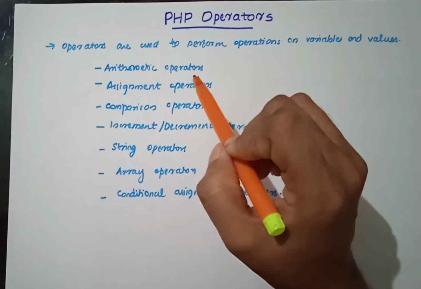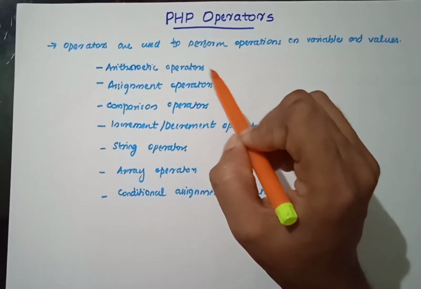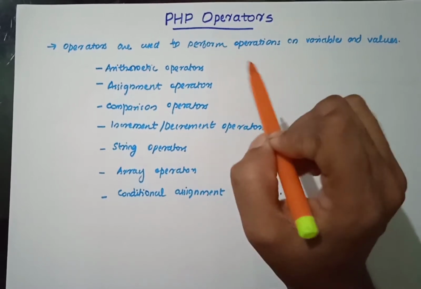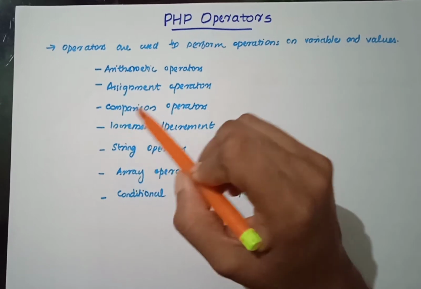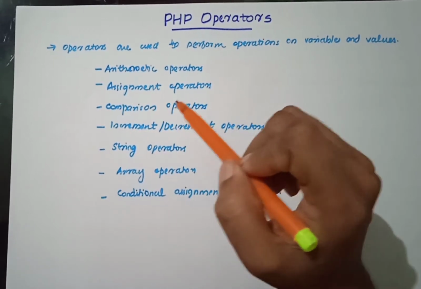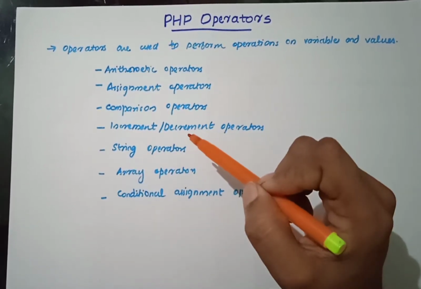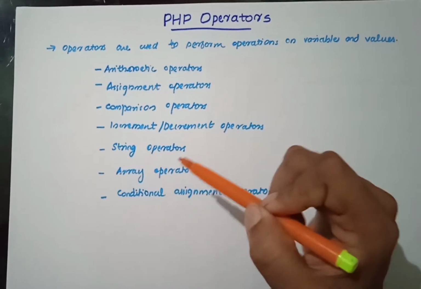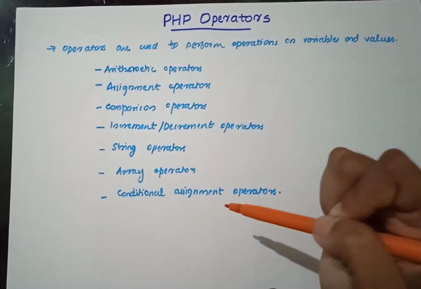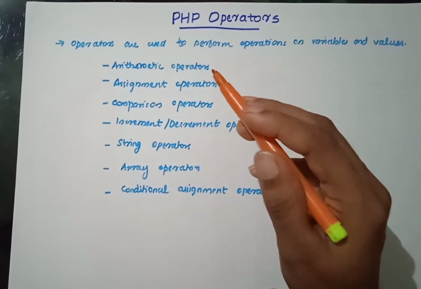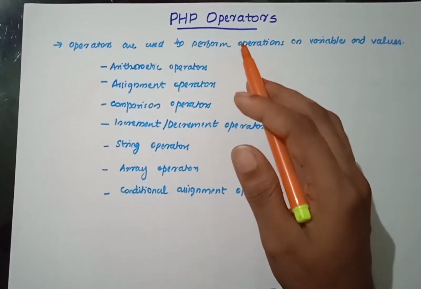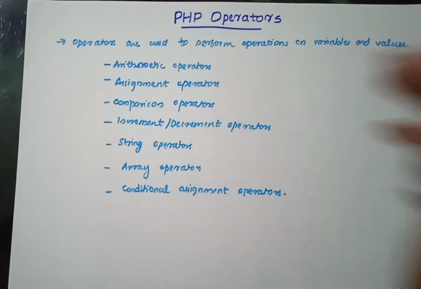First one is arithmetic operators, for doing arithmetic operations, and assignment operators, for assigning values, comparison operators for comparing values, increment or decrement operators, string operators, array operators, and conditional assignment operators. So these are the different operators that are available in PHP. Let's get into each one now.